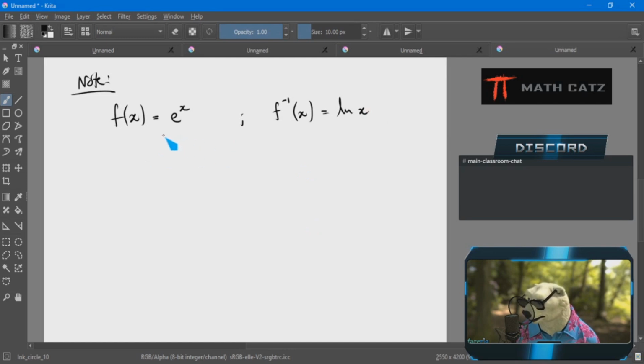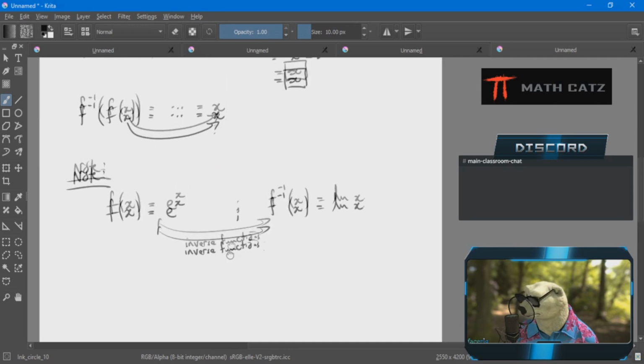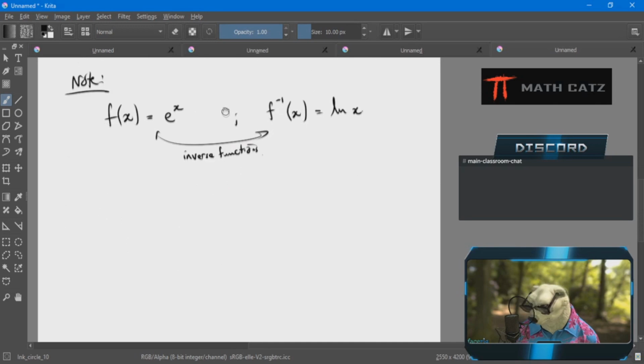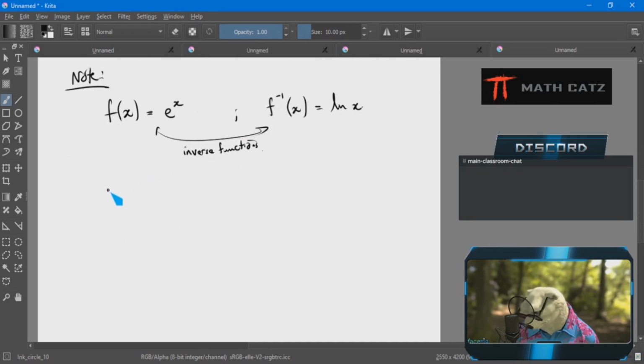They are inverses of each other. That's where they came from. Inverse functions, which means this cancellation property is true. If I do one inside the other, I should get x back. And if I swap the order in which I do that, I still get x back. They cancel each other.